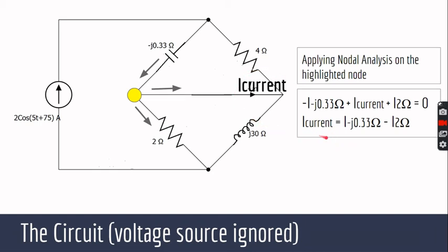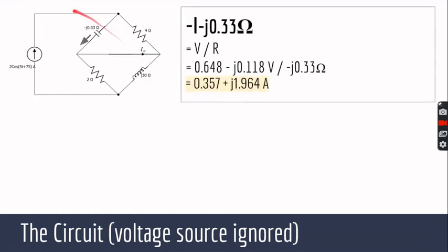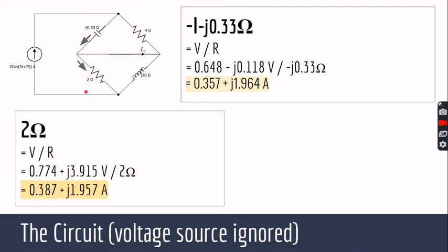Now we can just plug in the values, but first we have to find these two first. For the current moving through here, we have already found the voltage passing through earlier. If you forgot, you can just go back a few minutes earlier and use the normal formula, V over R, you get I that passes through here, and then the same goes to this.